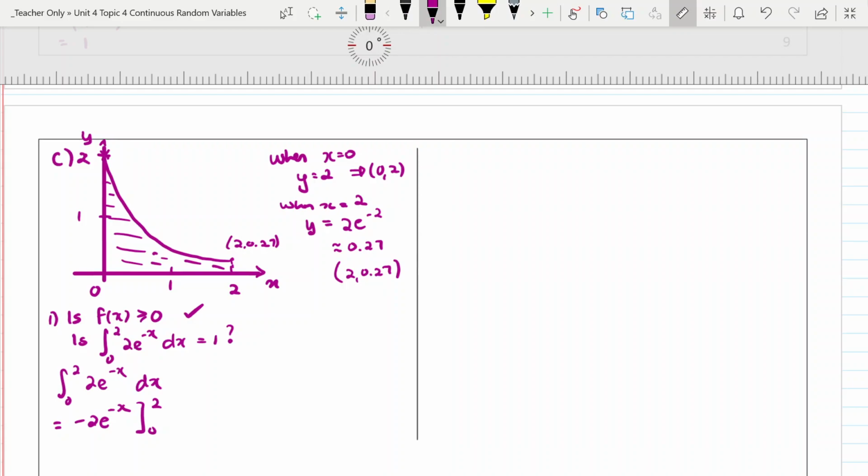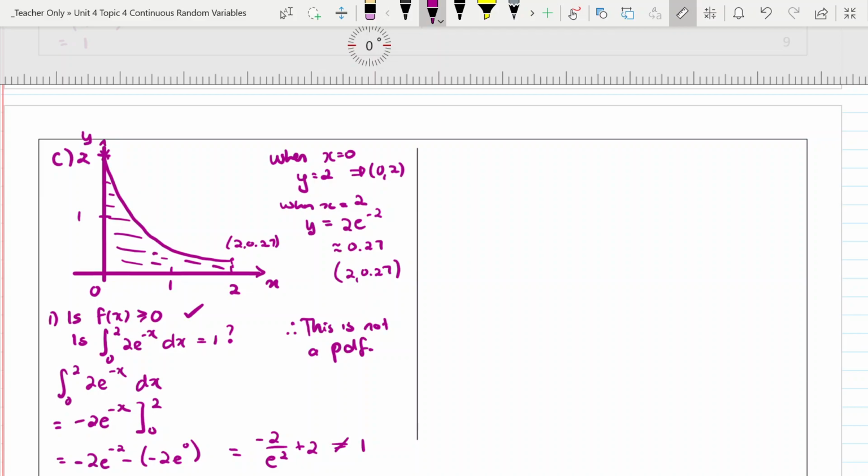That will give us negative 2e to the negative 2 minus negative 2e to the 0, which is equal to negative 2 over e squared plus 2. And that is most definitely not equal to 1. So therefore, this is not a PDF.